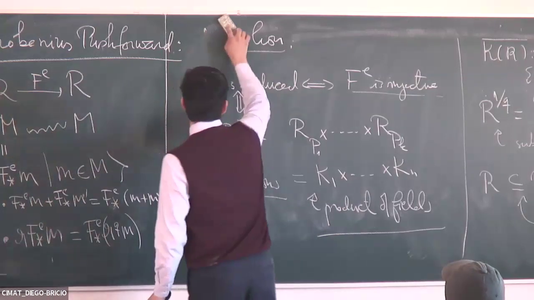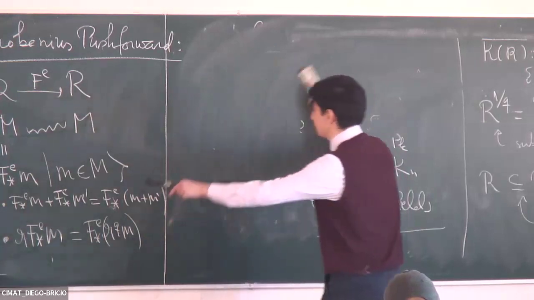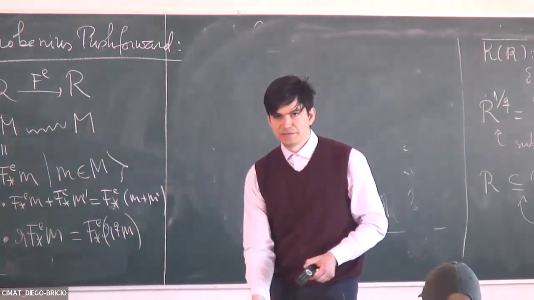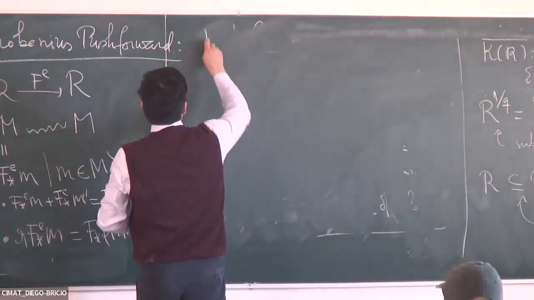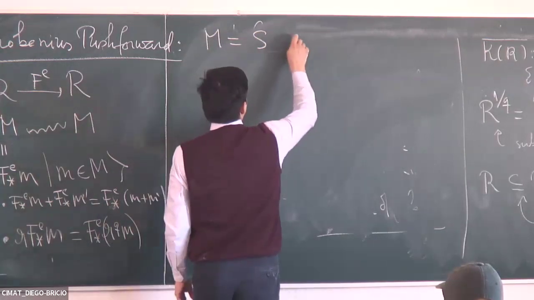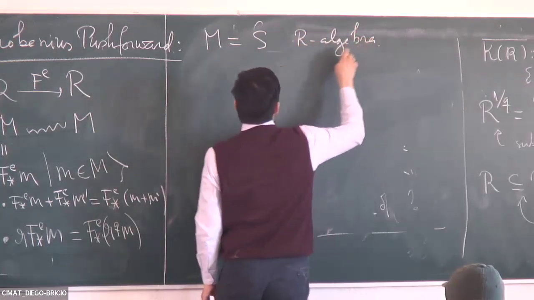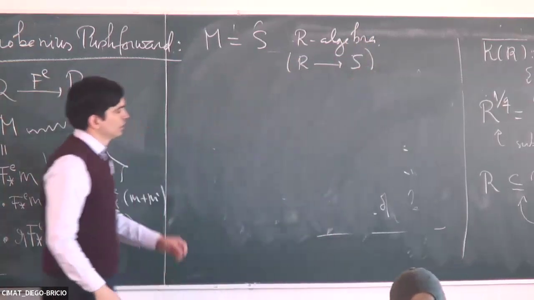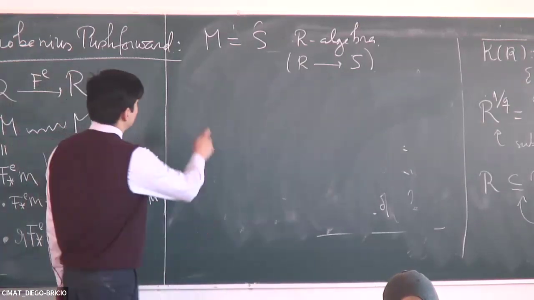But that's what happens if M is a module. We have a similar story if M is a ring. You can think of M also as an R-algebra, meaning that there is a ring homomorphism like this. For example, S could be R, right? R is an R-algebra.